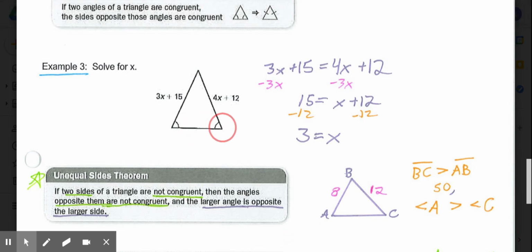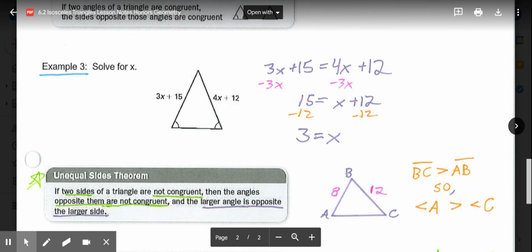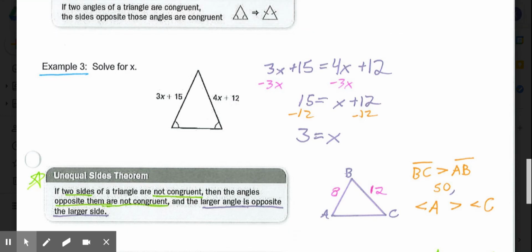We knew these two angles were congruent, so this side and this side must also be congruent. So to find x, we would set them equal to each other and solve for x. So subtract the 3x from each side, then subtract the 12, and we are left with x equals 3.